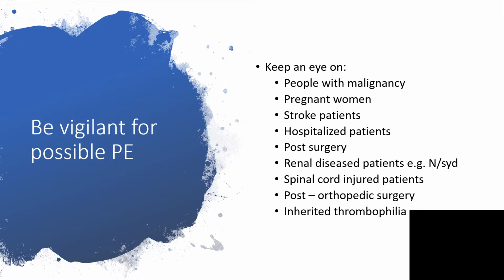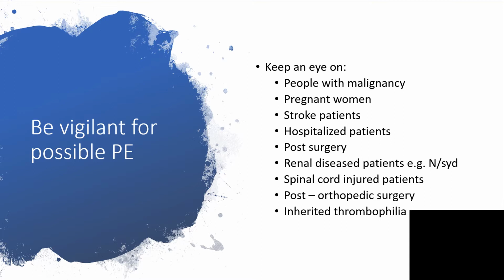How about people with renal disease, particularly those with nephrotic syndrome? I'll keep an eye. How about my patient who might have had spinal cord injury? So, what am I going to do? Extra caution. And of course, I've mentioned post-orthopedic surgery. They are doing that every time. We appreciate them. And the people with inherited thrombophilia.